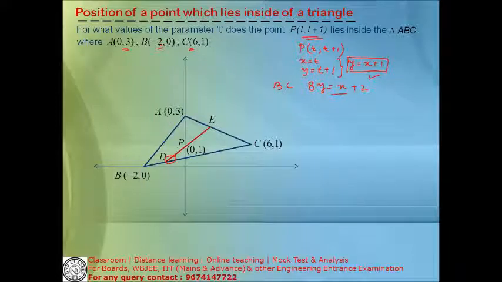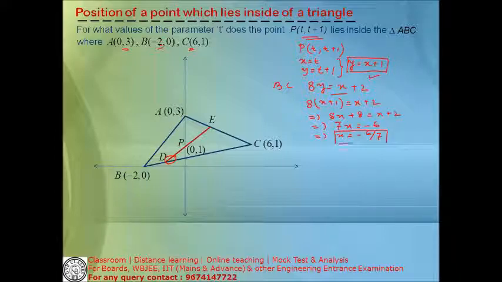So in place of y, I am writing x plus 1. I'm just solving these two equations. So we are going to get 7x equals minus 6. So that implies x is minus 6 by 7. Is this clear? So this is the abscissa of the point D.